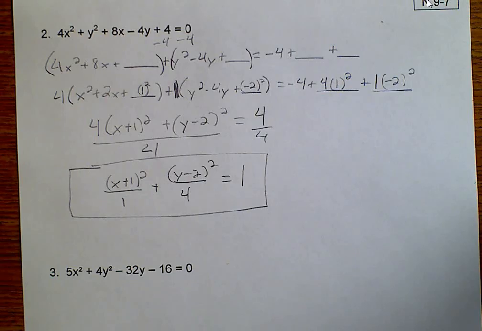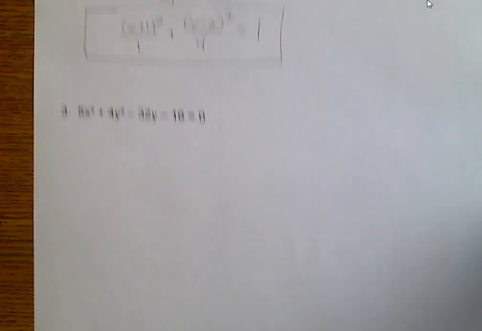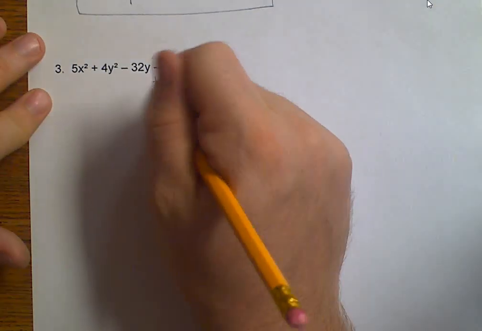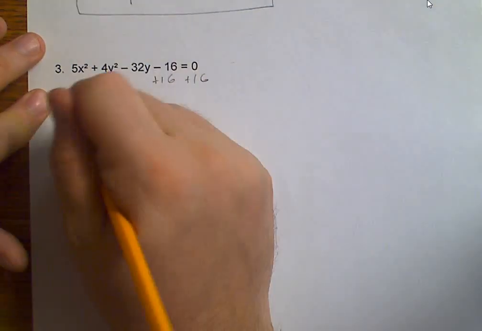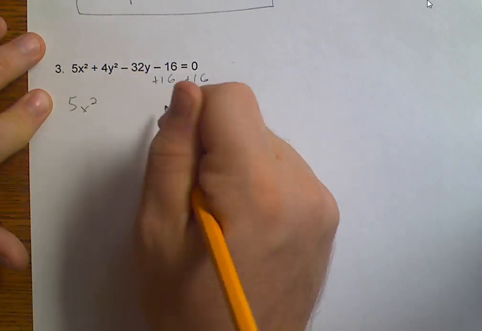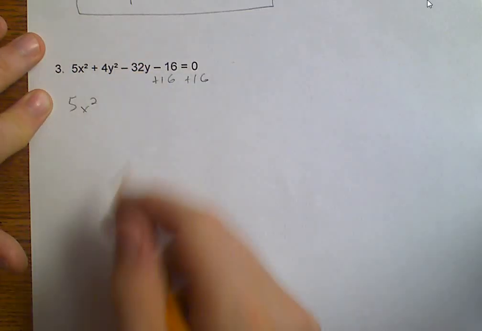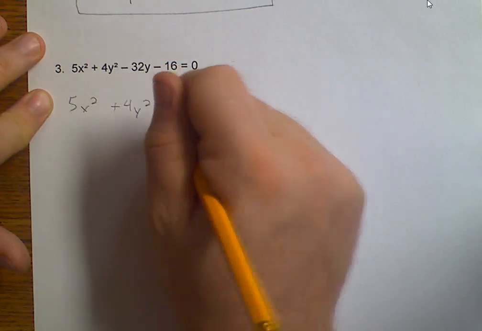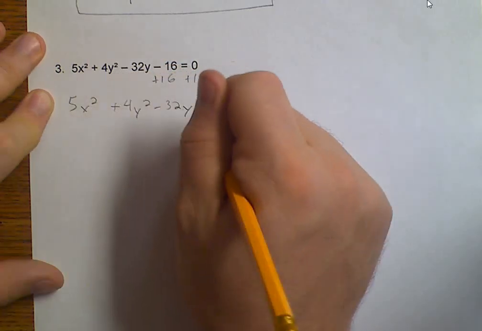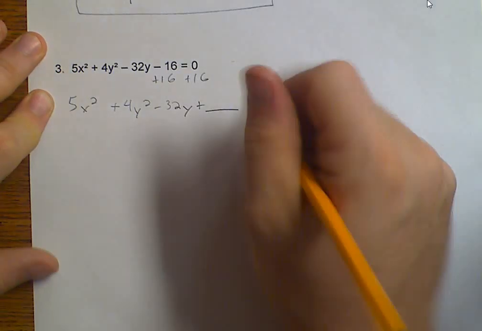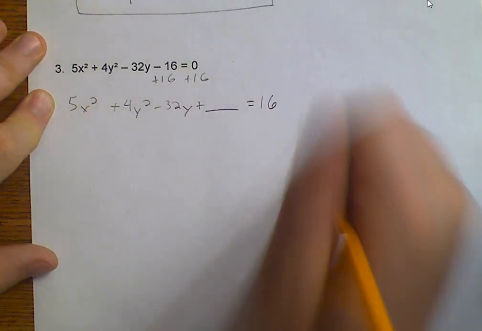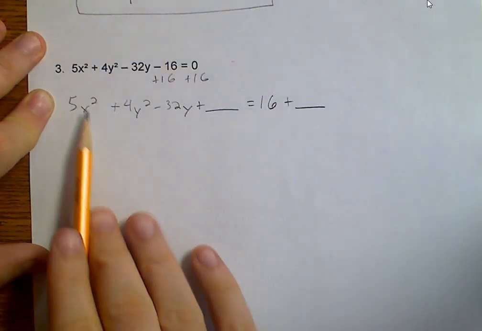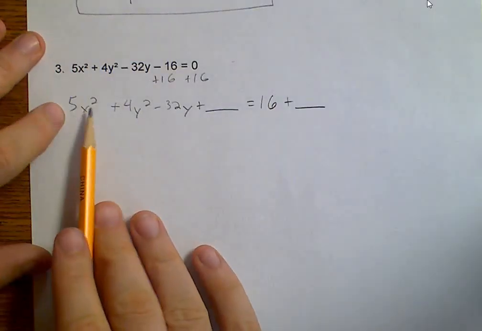And now on for our last example, number 3. Again, we are going to rearrange. So we have 5x squared, no more x's, plus 4y squared minus 32y plus something to square it equals 16. The reason I didn't put that mystery term over here is because I don't need to complete the square.